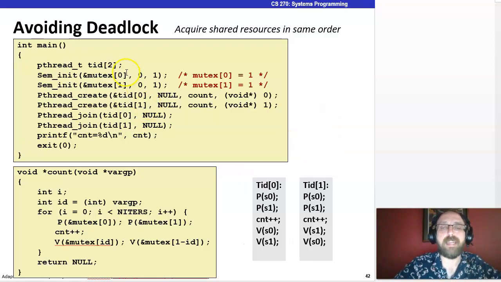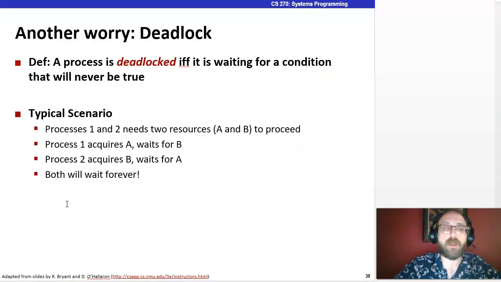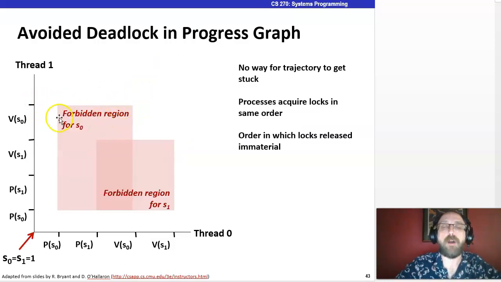Well, the idea is we acquire those resources always in the same order. So the problem here was when process 1 acquired A and then waited for B, process 2 acquired B and waited for A. If we make sure that each of those two processes acquires A first before it tries to acquire B, then we'll avoid that situation because that gives us a graph something like this.